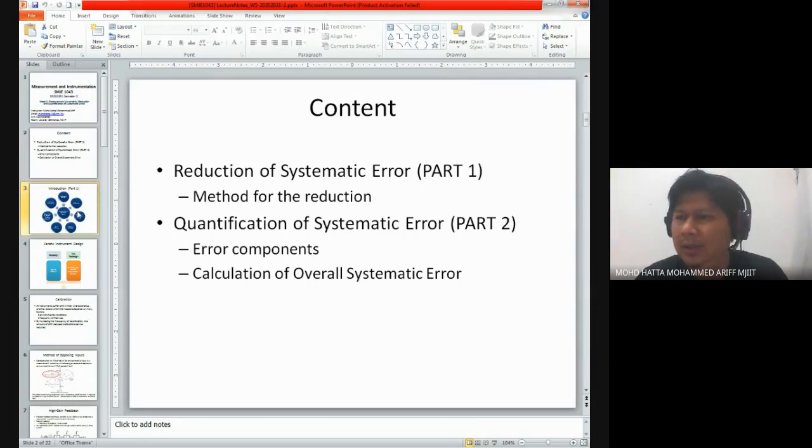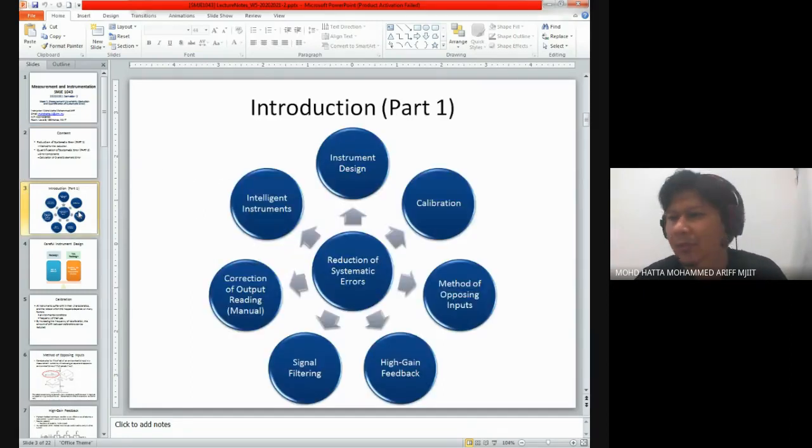Okay, for introduction, there are several ways for us to reduce the systematic error. Here are the techniques that we try to use. Maybe in the early stage of our instrument design, we can properly design so that the systematic error can be mitigated or reduced.